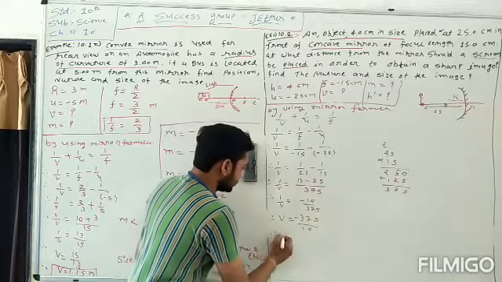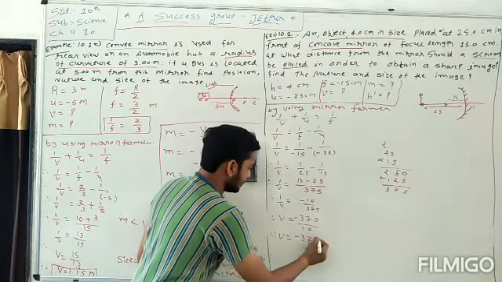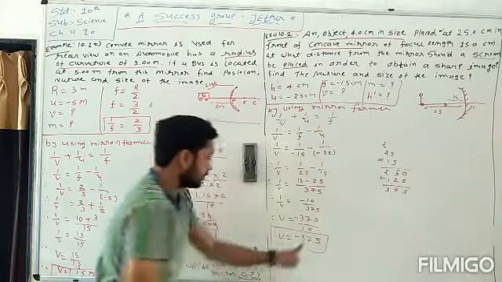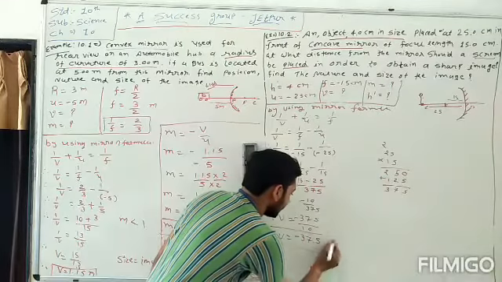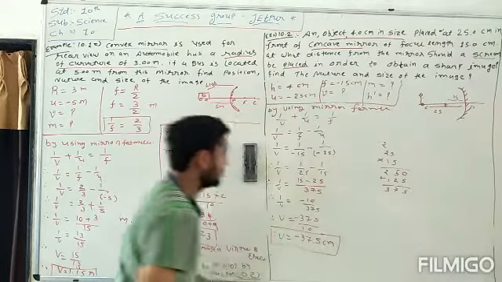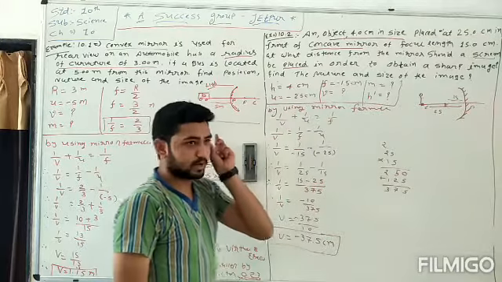Done. So v is equal to minus 37.5, because the point goes to the left hand side. So minus 37.5 centimeter, because all values are in centimeter.